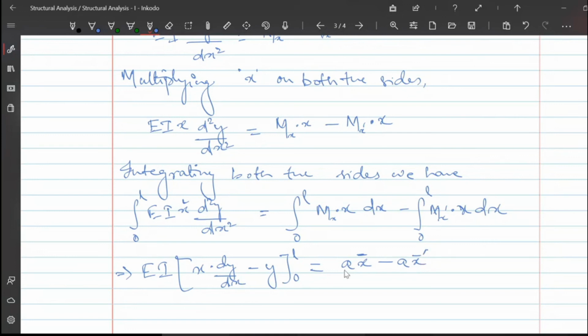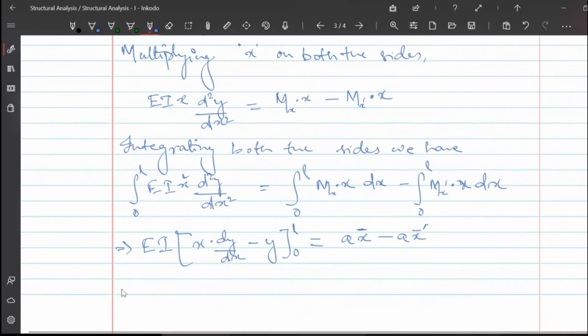Now where this x bar, what is this x bar?